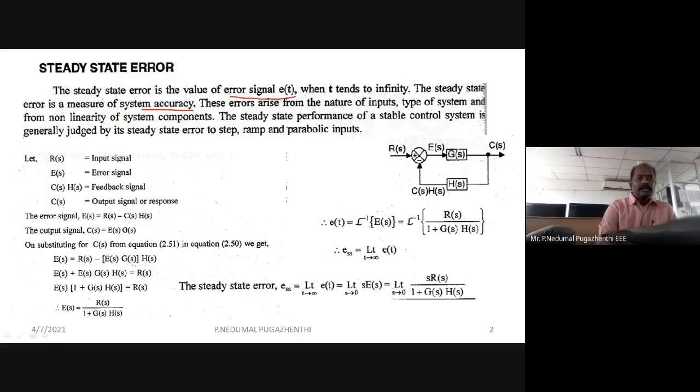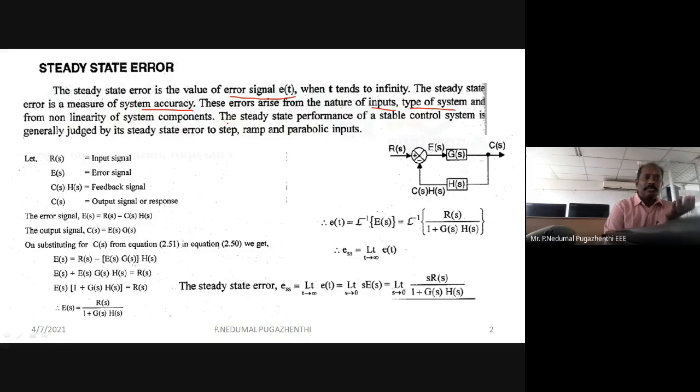These errors naturally depend on the inputs and the type of the system. If you want to include the nonlinearity present in the system, it also has an impact on the error. It depends on what type of system it is, electrical or mechanical.